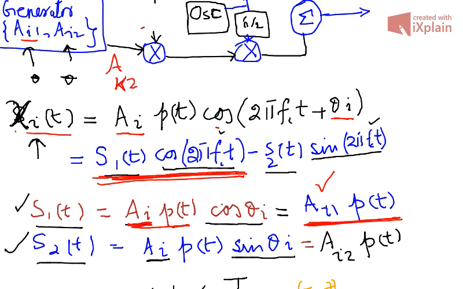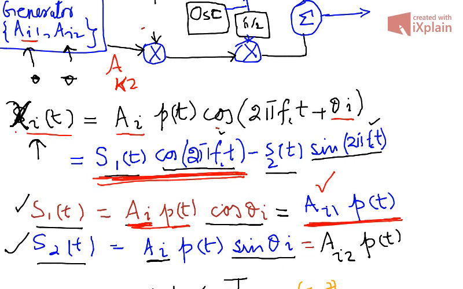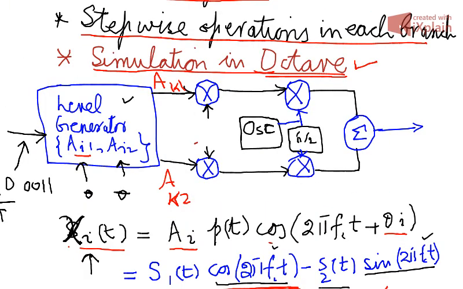From our diagram, here we have P of T, which is multiplied with AK1.